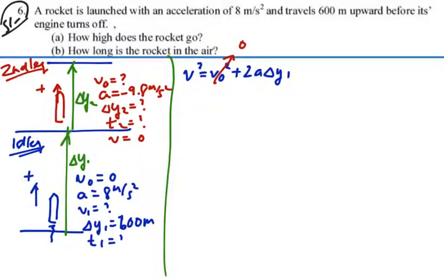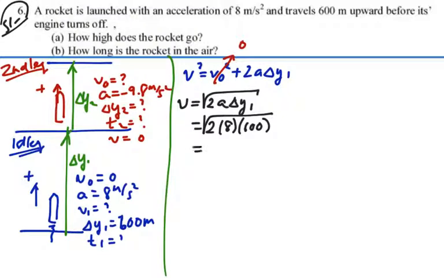Solving for final velocity, it will equal the square root of 2 times acceleration times delta y1, which is the square root of 2 times 8 times 600. That's equal to 97.98, so we'll just say 98.0 meters per second is our final velocity, which indeed would be our initial velocity for the second leg, 98 meters per second.